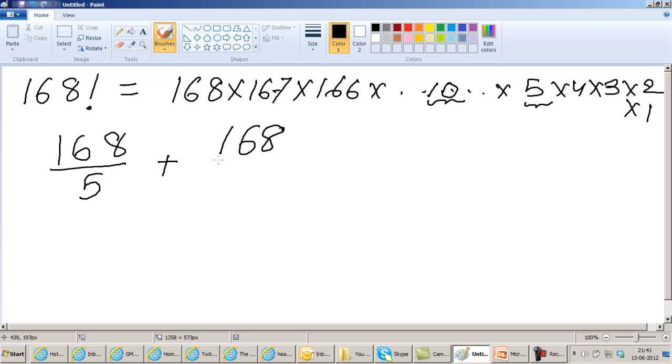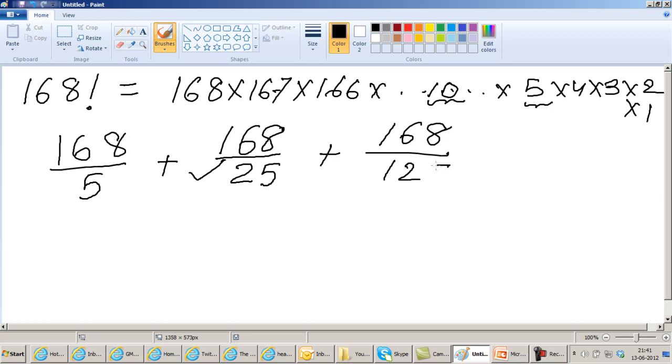So to capture that additional 5, you divide by 25, okay? Then as I said, 125 will have 3 5s in it. The second 5 will be captured when you divide by 25. The third 5 in 125 gets captured if you divide by 125, right? Now all that you need to worry about here is only the quotient, not the remainder.